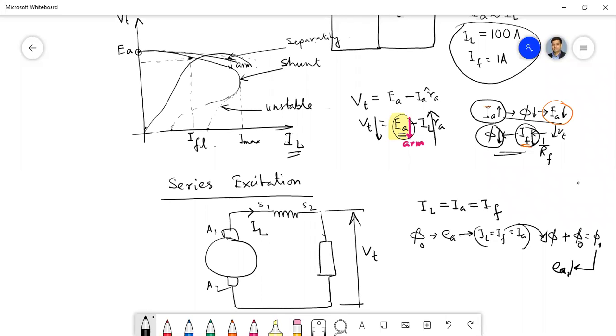But here, though the initial portion of the series external characteristics is very near to the open circuit characteristics of the shunt generator, after that, due to the high armature current, there will be huge armature reactions, and the voltage will be drooping again. Have you got this point? Why are we getting this type of characteristics?